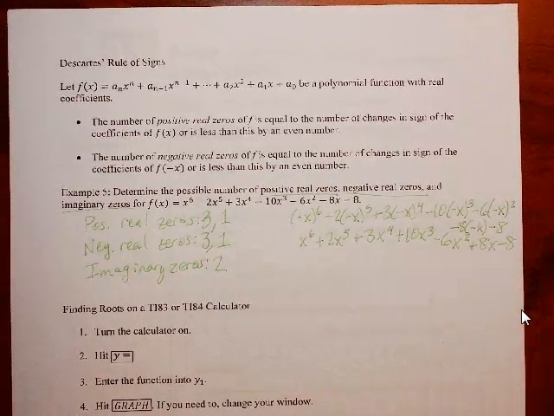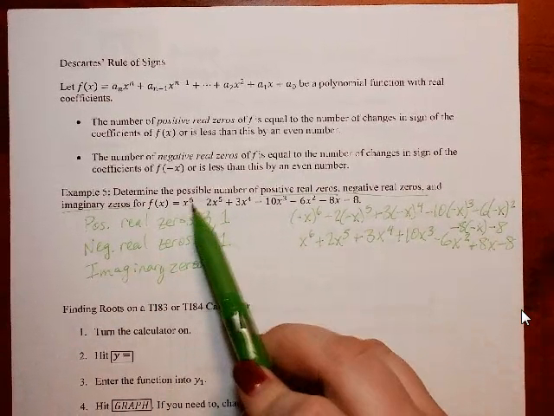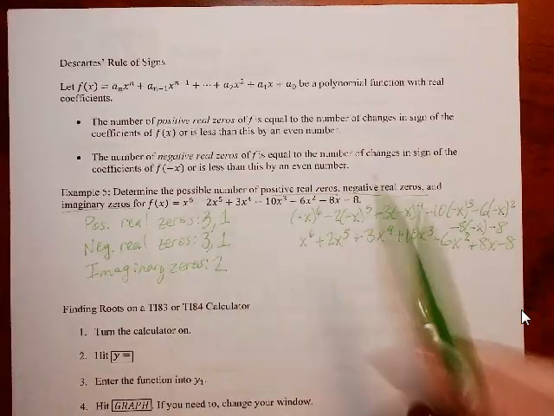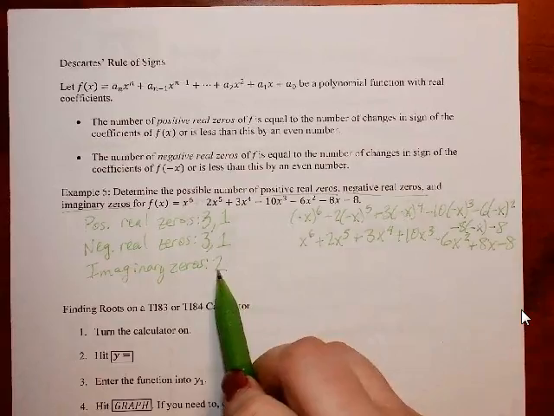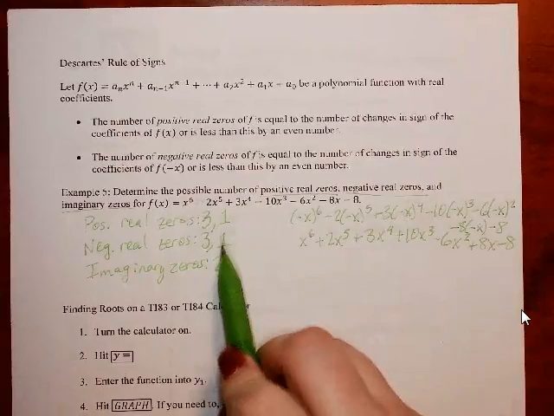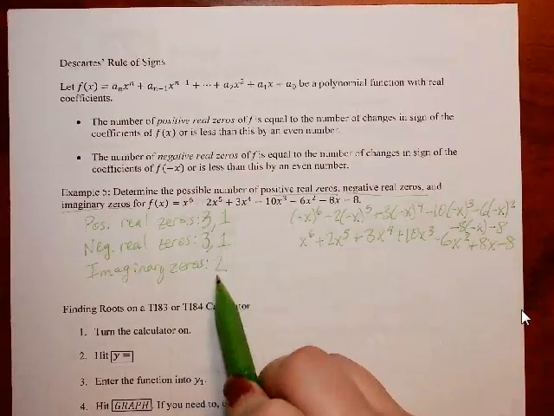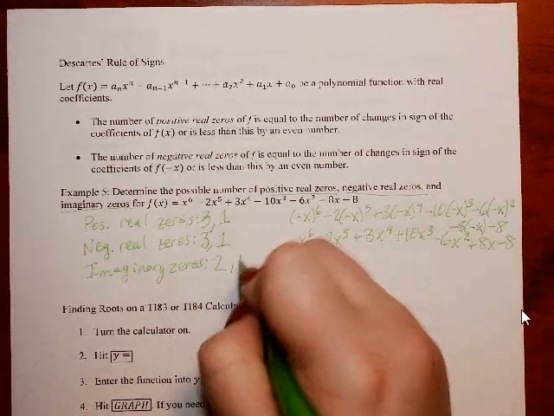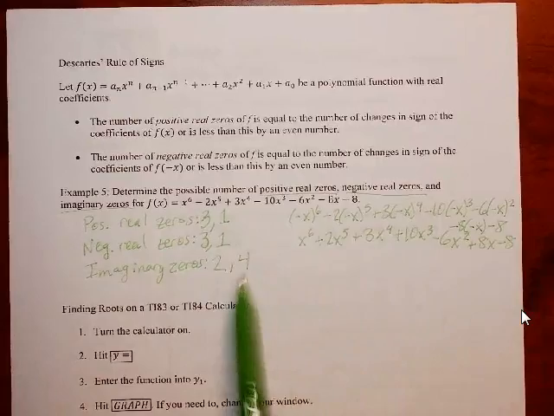Now, we're going to have a total of 6 answers here. So, we could have 2 here, 1 here, and 3 here. So, that would make 6. Or, we could have 4 imaginary, 1 positive, and 1 negative.